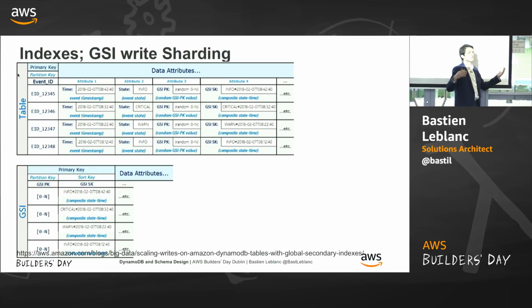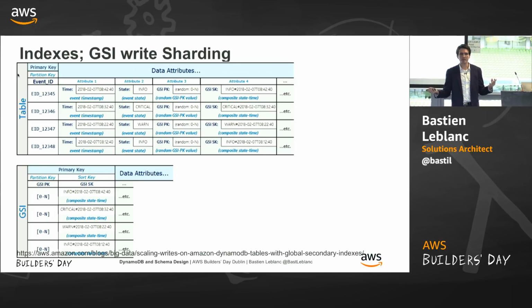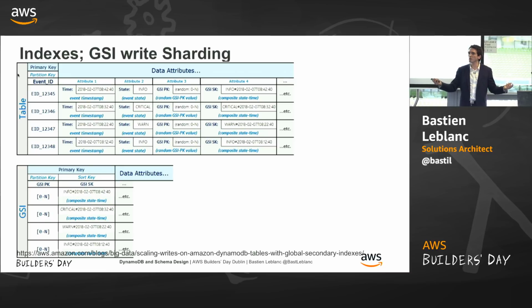N has to be defined based on your application and how many threads you can have to write. If you have, say, 100 threads or 100 nodes or application servers that write to the database, then you assign this particular hash from 0 to n, and then you spread the write evenly on the whole partition.